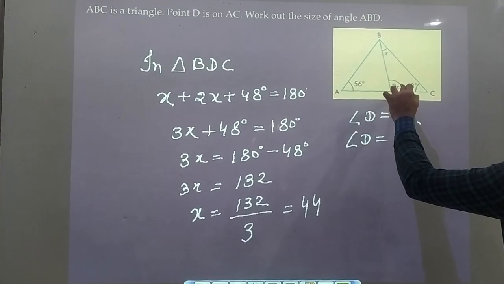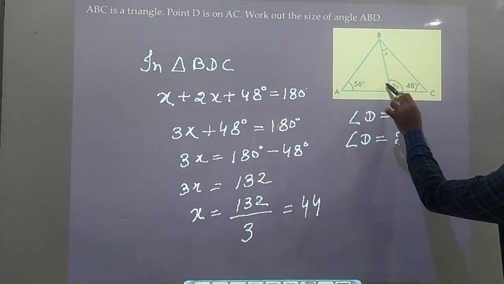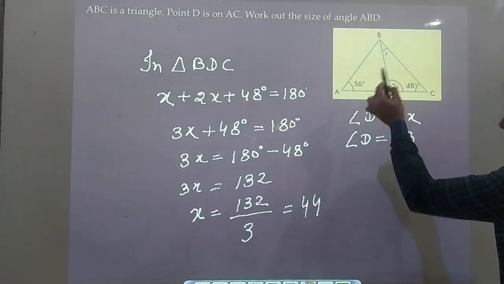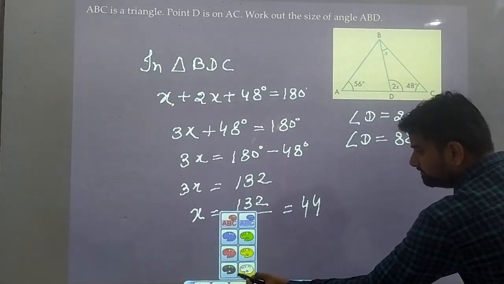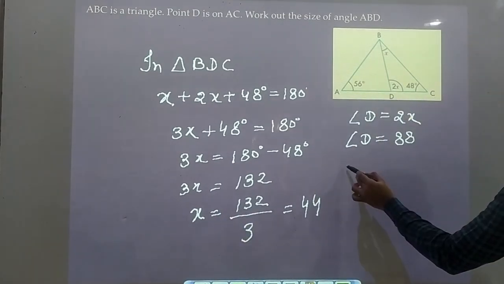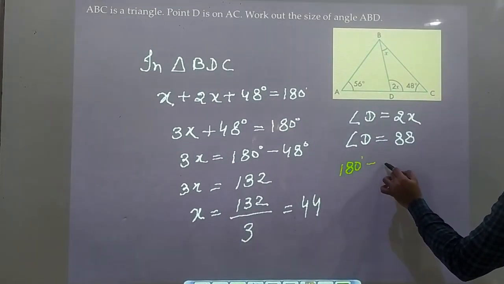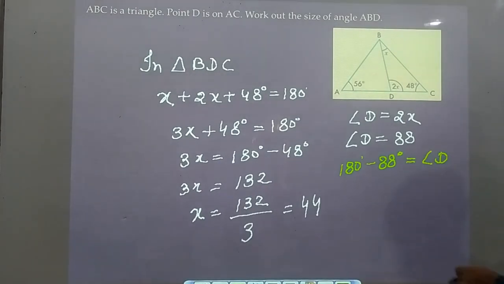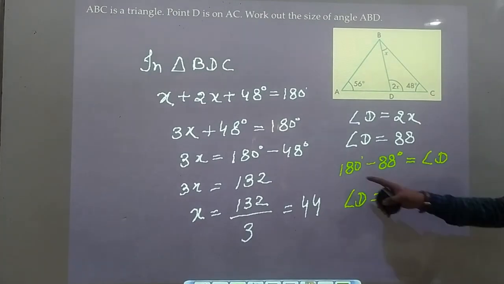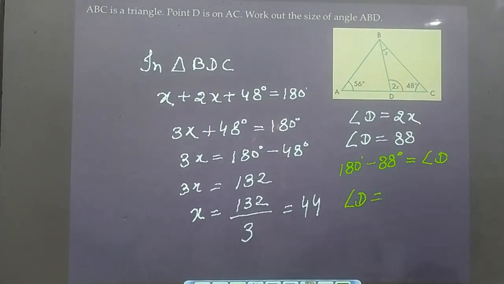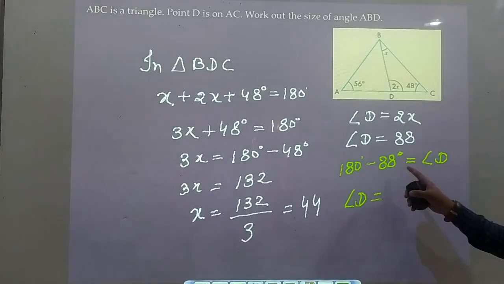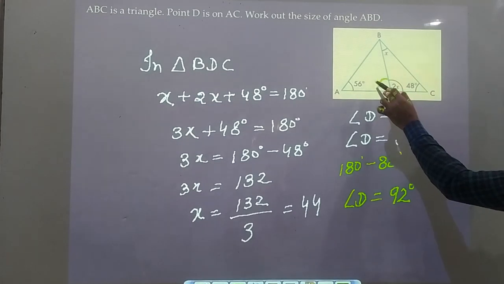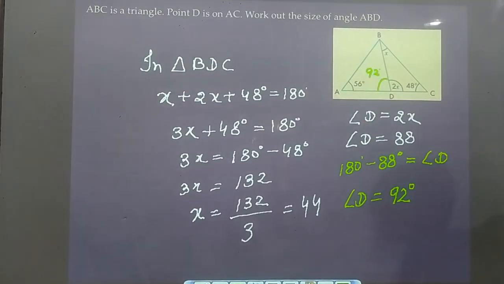If this is 88, then this one should be what? 180 degrees minus 88, because angles on a straight line equal 180 degrees. So 180 degrees minus 88 degrees is equal to the angle. 180 minus 88: 180 minus 80 is 100, 100 minus 8 is 92. So that means this angle is 92 degrees.